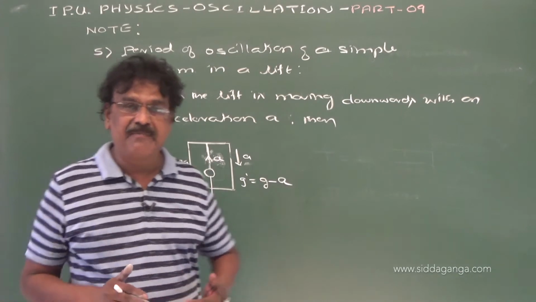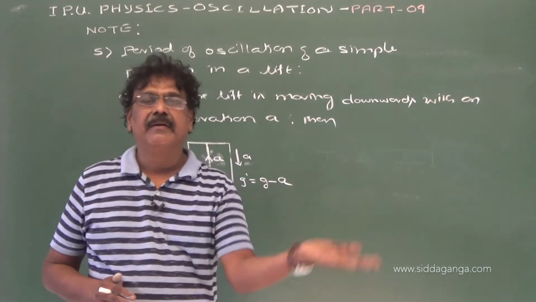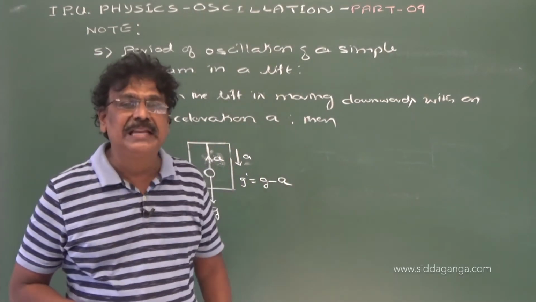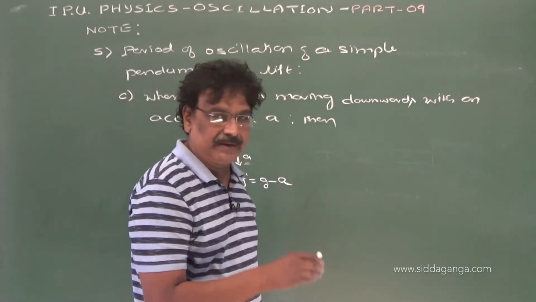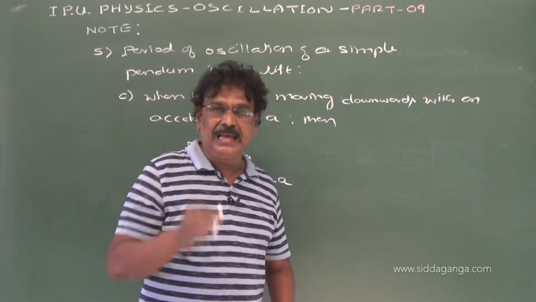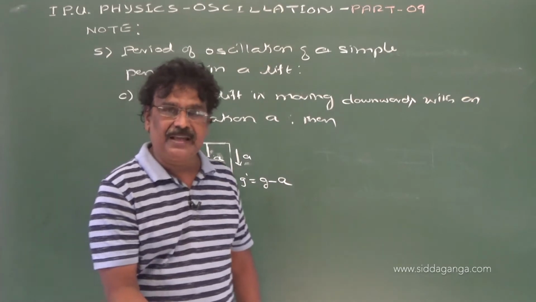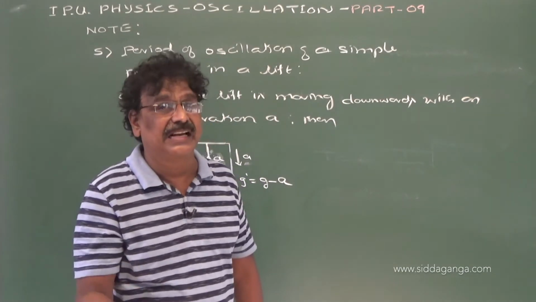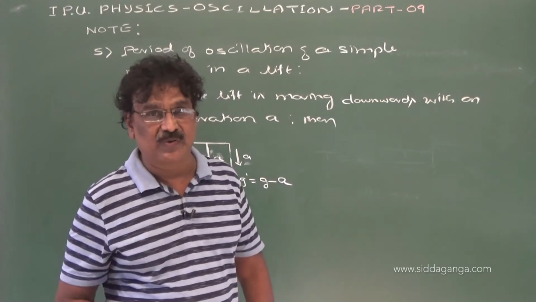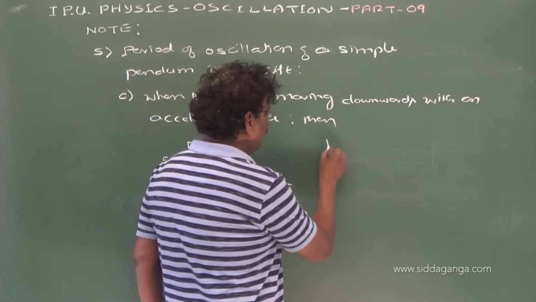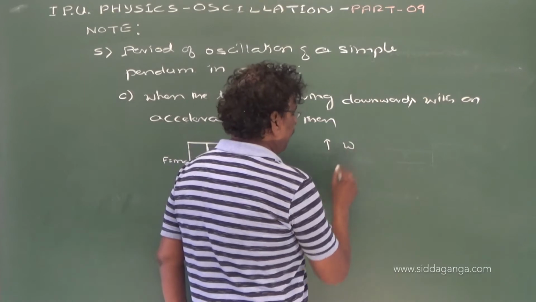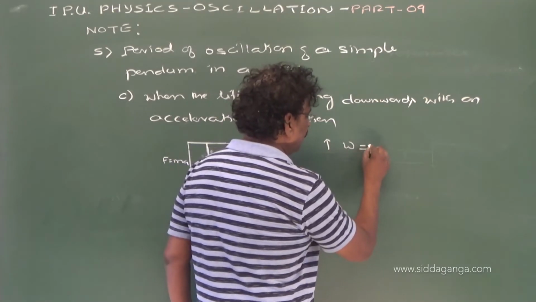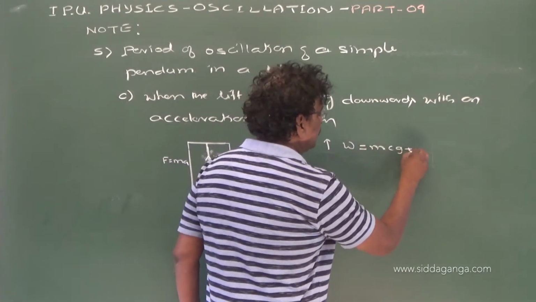It is for the same reason when we are moving in a lift. When the lift just starts moving upwards, we feel a jerk because of that pseudo force. When the lift is moving up with an acceleration, our weight is equal to m into g plus a.